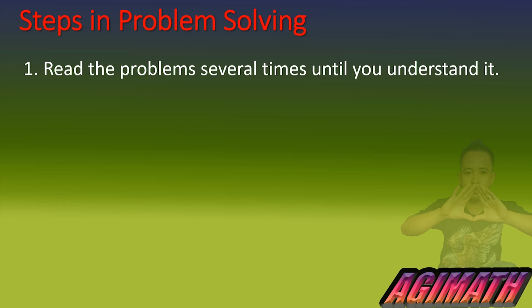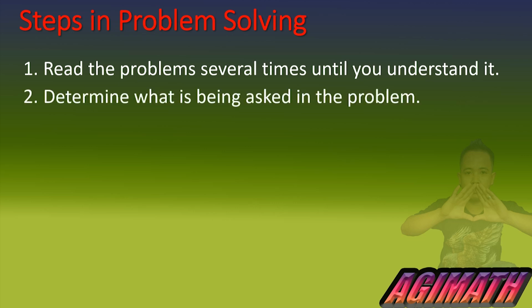Most of the students will always fail on this first step, because the tendency is after reading the problem you don't tend to analyze. So for the first step, you are going to read the problem several times until you understand it, meaning it is not just about reading, you analyze, because that is the most essential.